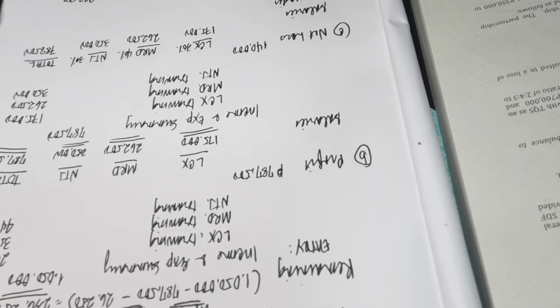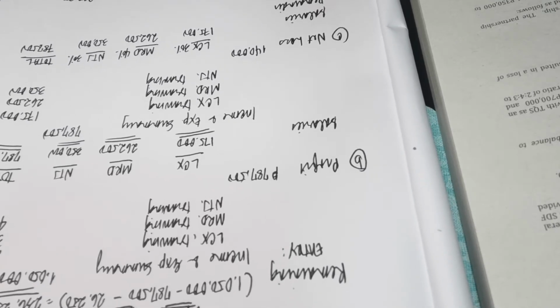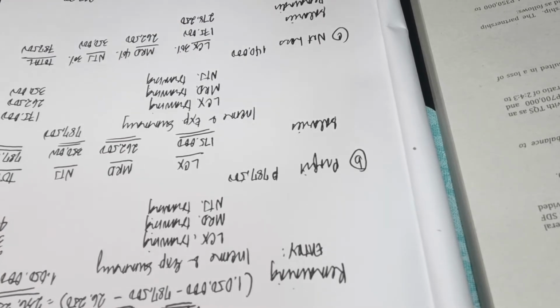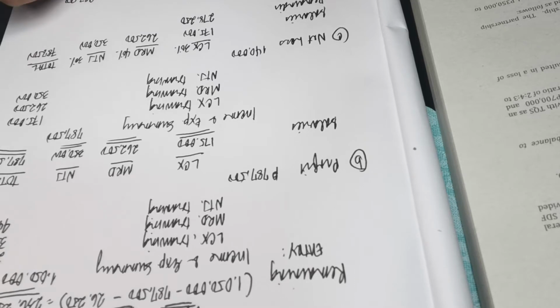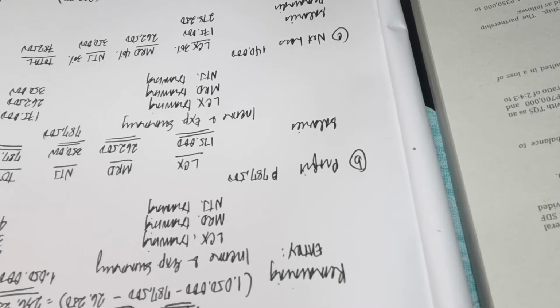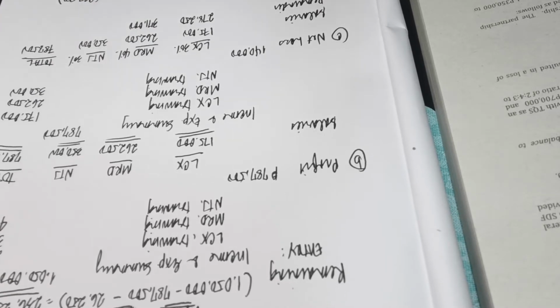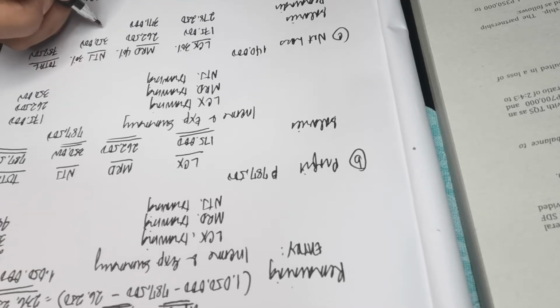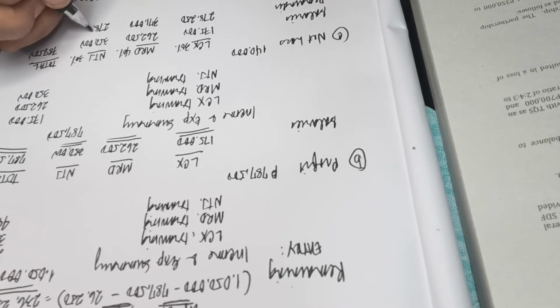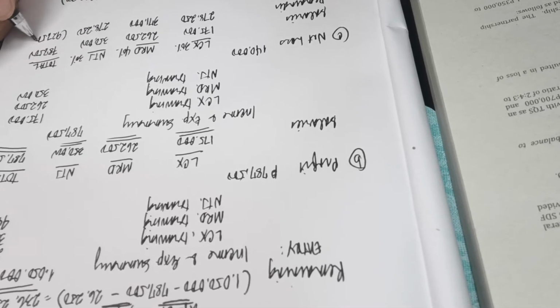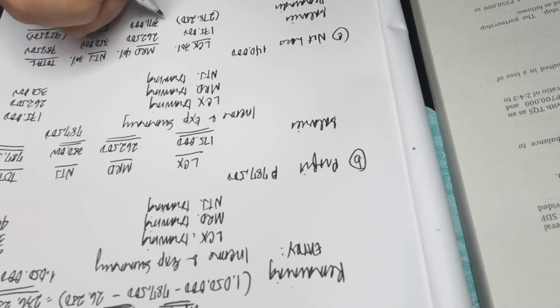So 927,500 times 0.3 is 278,250. Times 0.4 is 371,000. Times 0.3 is 278,250. Total 927,500.